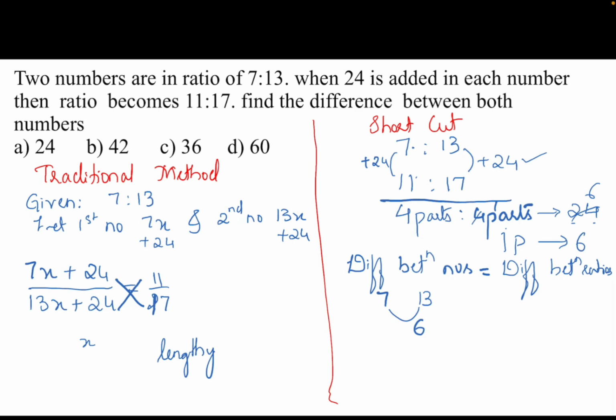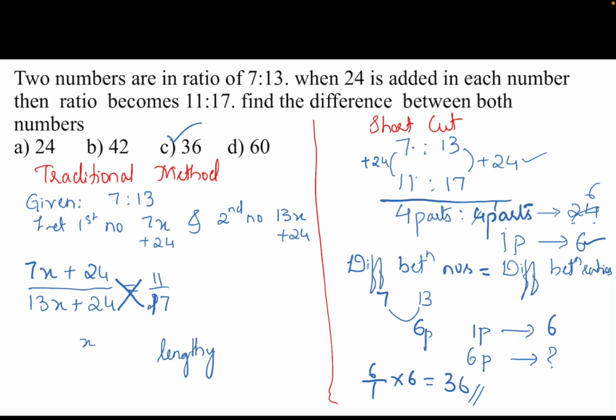Now we know that one part is 6. Then 6 parts is how much? 6 into 6, which is equal to 36. Okay. So the difference between the two numbers will be 36. So this was the shortcut method. So answer C is the answer, option C.